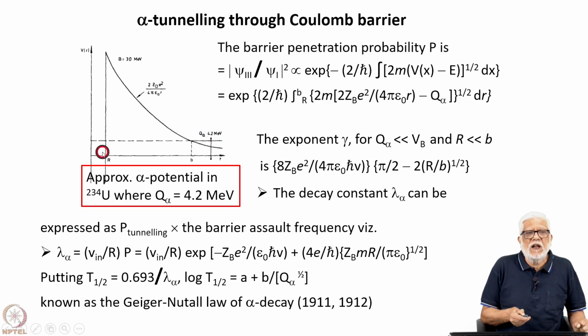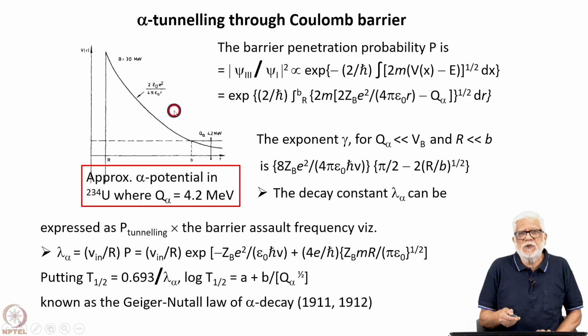Okay, so if there is an alpha particle here, then of course there is a wave function here, there is a wave function in the barrier, and there is a wave function outside the barrier. So similarly, using the WKB approximation, one can estimate the modulus of the wave function outside this turning point: psi 1 inside, psi 2 in the barrier as I said, and psi 3 beyond.